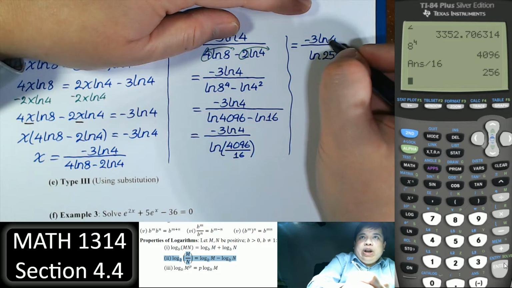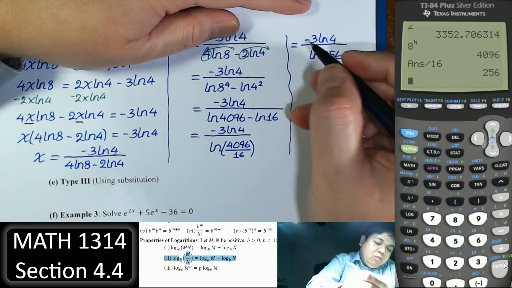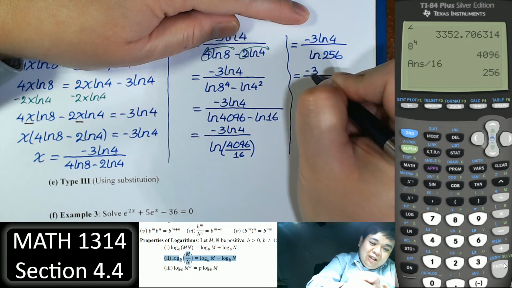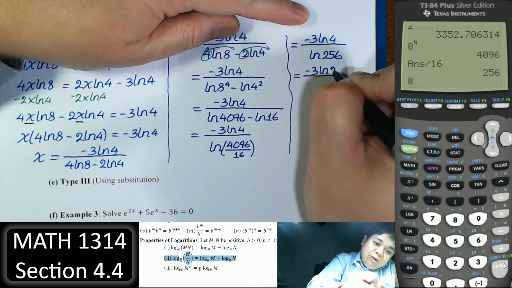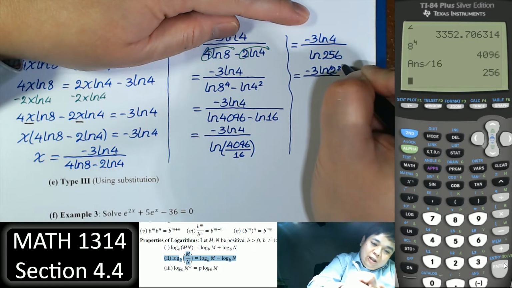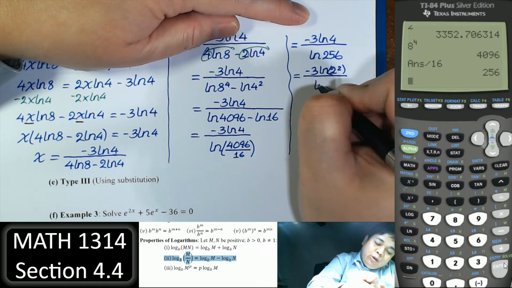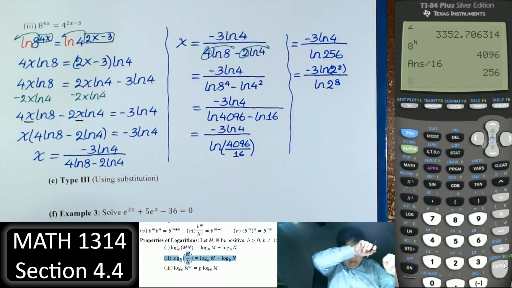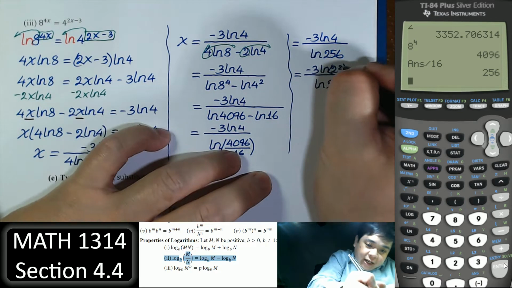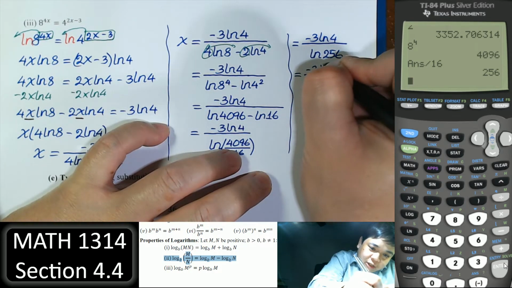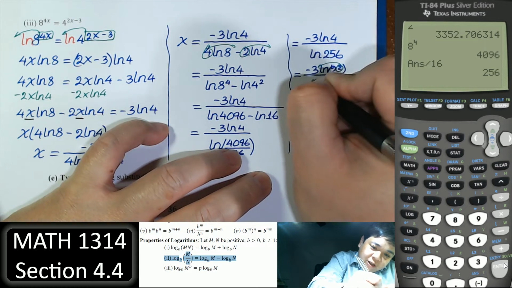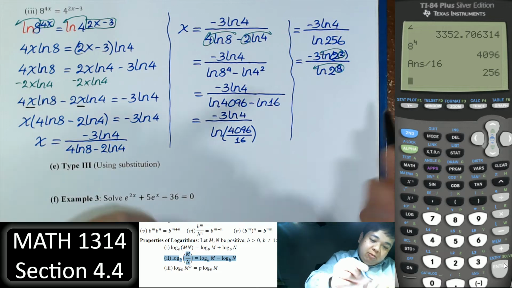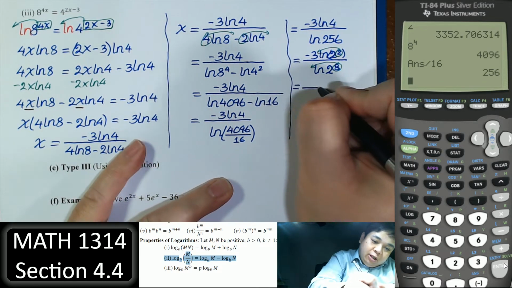By the way, we can change to the base 4, but let's say if we don't know that, we can say ln of 2 squared. And 256, if we write that, will be 2 to the 8th power. Right. Next we take the exponent down, to the same level.